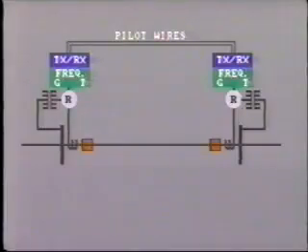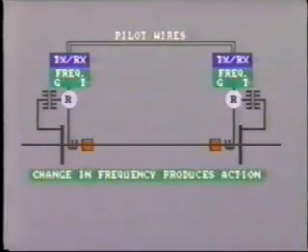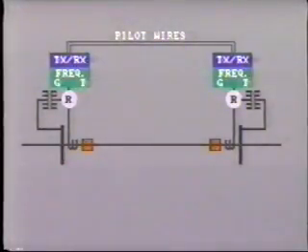Another method more commonly used today initiates a change in signal frequency to produce action at the far end. In this arrangement, under normal operating conditions, both transmitter and receiver are switched on all the time, and a signal is flowing continuously at a specific frequency.